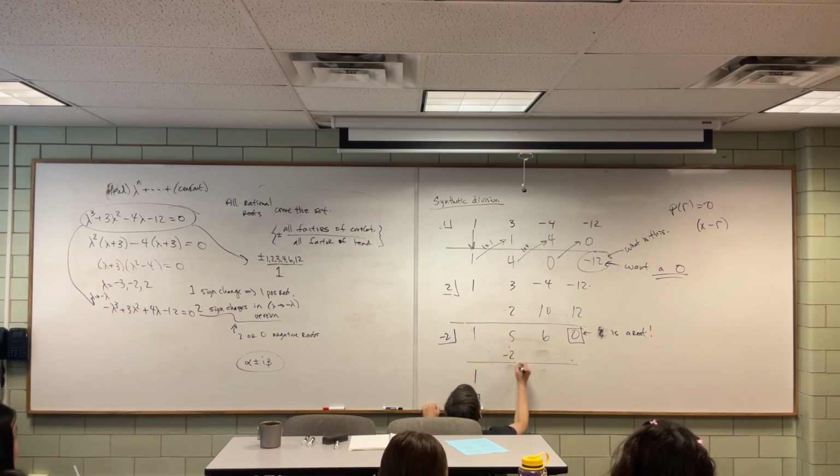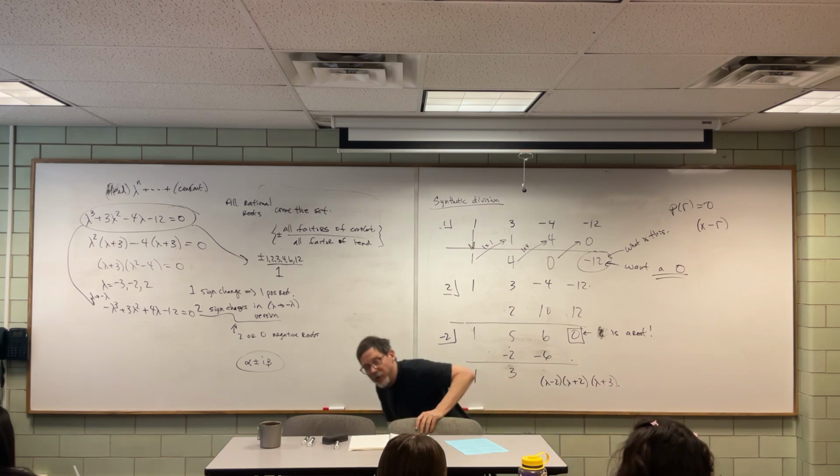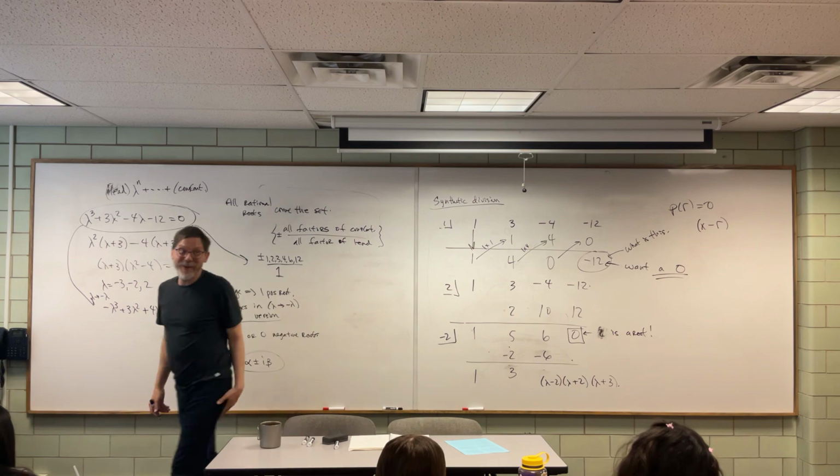I hope this is a root. Sure is. Here's the polynomial I got left. So check out what I've got so far. Positive 2 is a root, negative 2 was a root, and now I'm left with lambda plus 3. Right there. So there's my factorization. We'll do a bunch of these as we go through, but that's kind of cool. That is not bad.